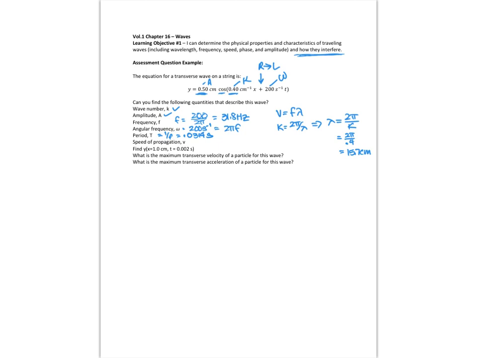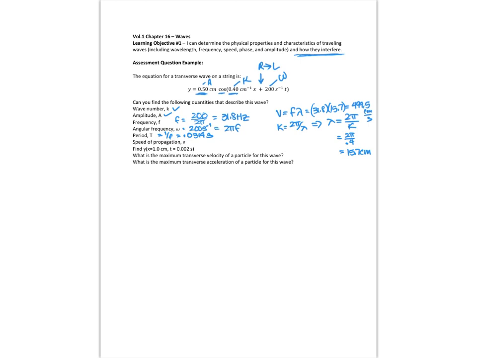Okay, all that to get the wavelength so we can find the speed. We have 31.8 is the frequency times our new wavelength we just found, 15.7. And we have a speed then of 499.5 centimeters per second. So that's how fast this is moving.